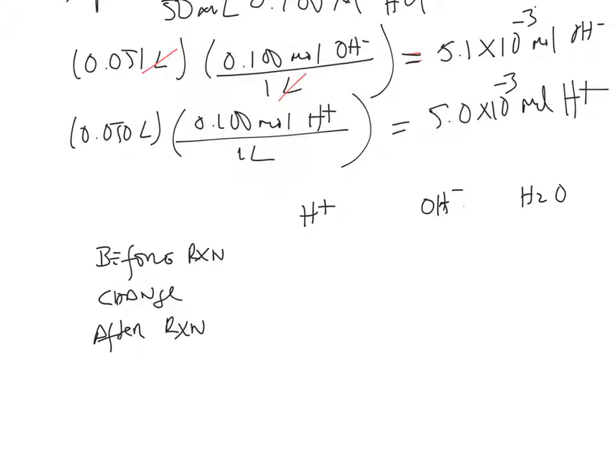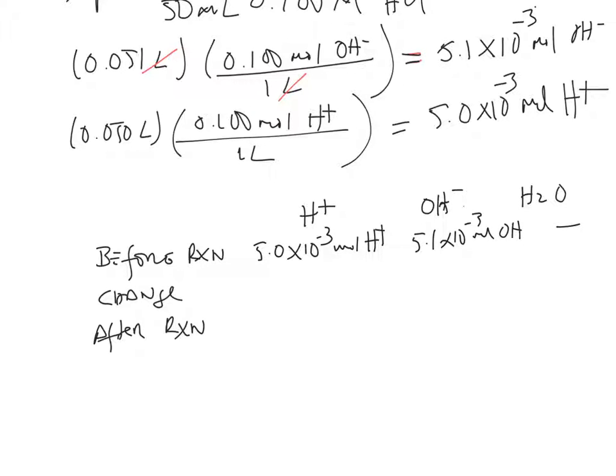So now, here is basically the same concept as the RICE table. So before the reaction, we have 5.0 times 10 power of minus 3 moles of H positive, and we have 5.1 times 10 power of minus 3 moles of OH, and the water basically doesn't change.